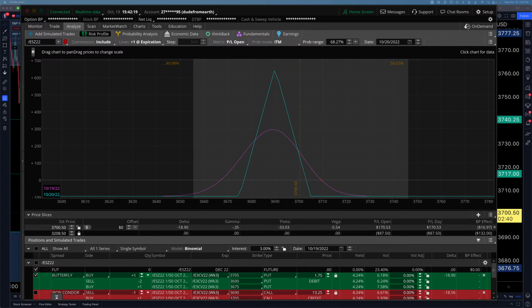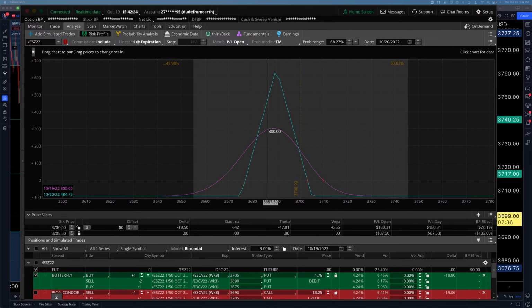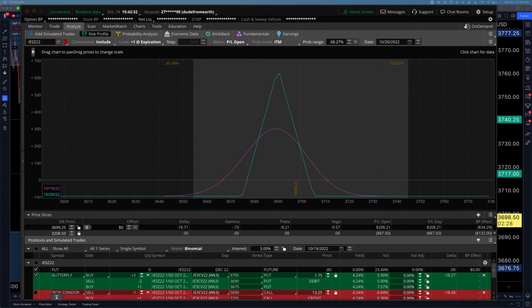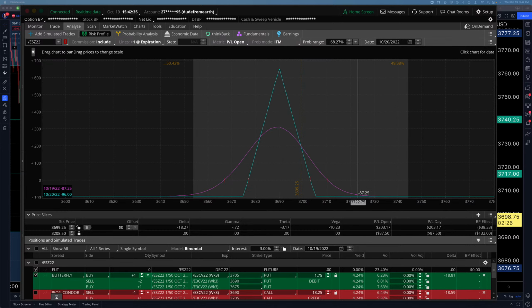And that is generally good for a butterfly if you're inside of the profit tent, not if you're outside of it. What that means is when you have negative vega, that means that IV, or implied volatility, is falling. And the reason why it's falling is that price is going up. In general, it did there for a bit.